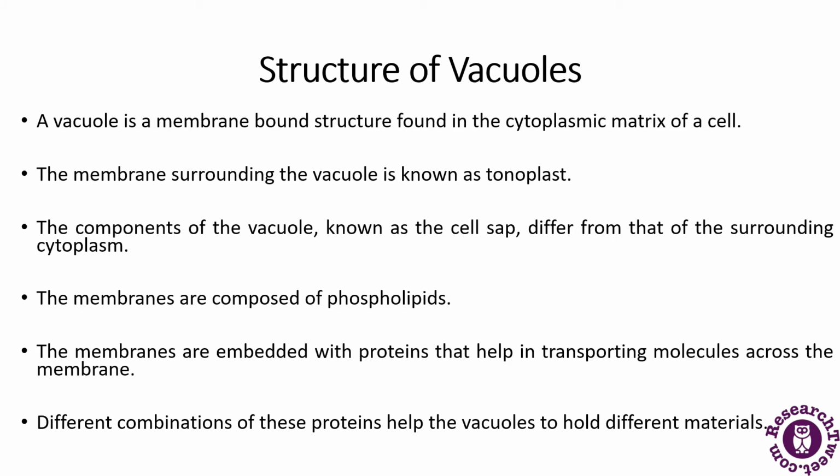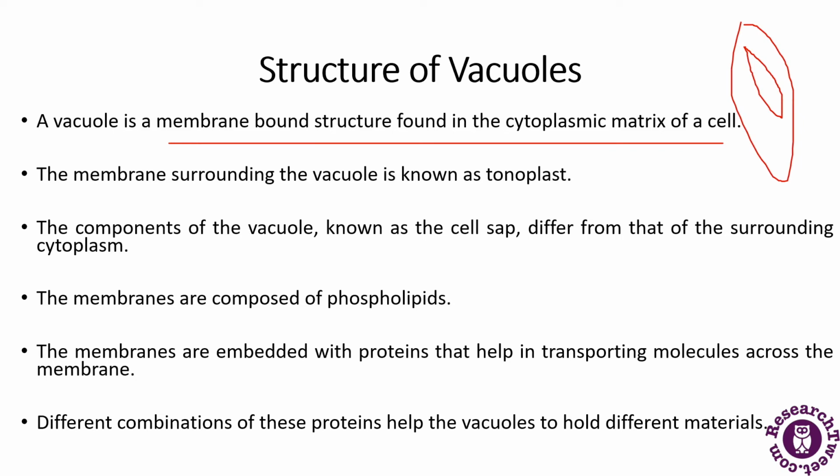Now, how does a vacuole look? I have already told you that this is a plant cell and this is a vacuole, which is an empty space. It is a membrane-bound structure which is found in the cytoplasmic matrix of the cell. This is the cytoplasm, the fluid-like or gel-like consistency present in the cell, and inside the cytoplasm all the cell organelles are present, one of which is the vacuole.